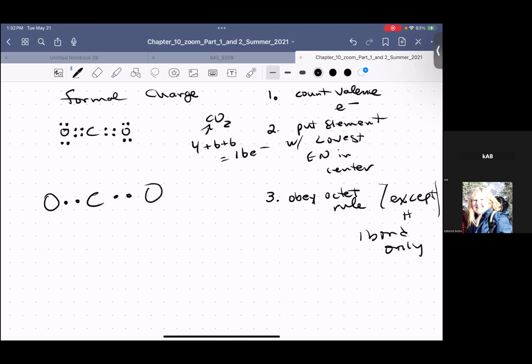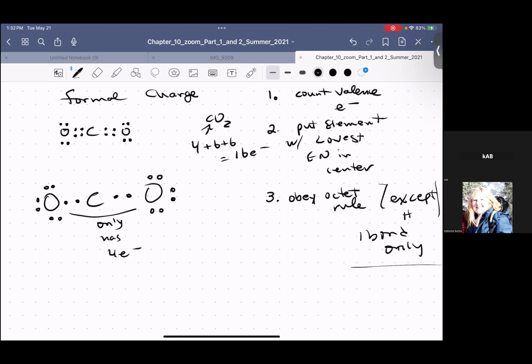After we do this, we put our remaining electrons on the outside, on our oxygens first, to get our total of 16. Remember, the only exception is hydrogen, 1 bond only. This gives us 16 electrons, but the octet rule is not obeyed for carbon. It only has 4.